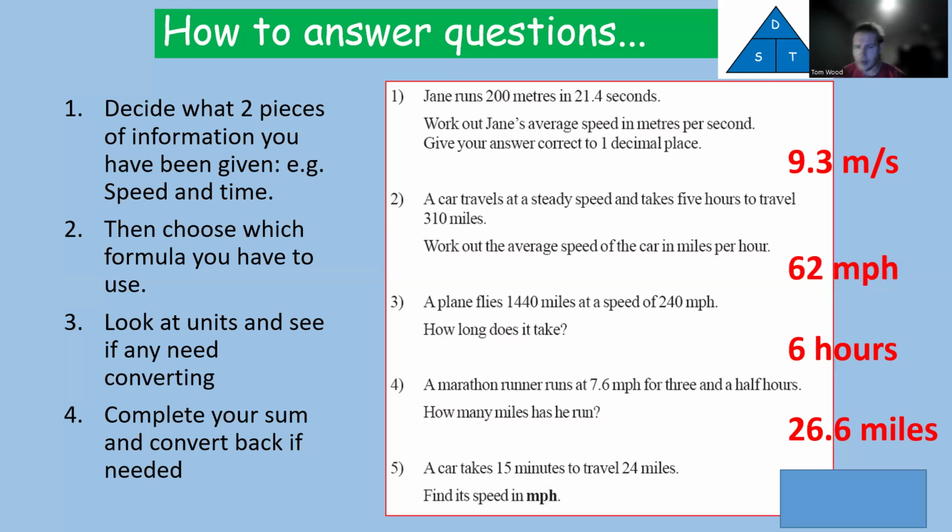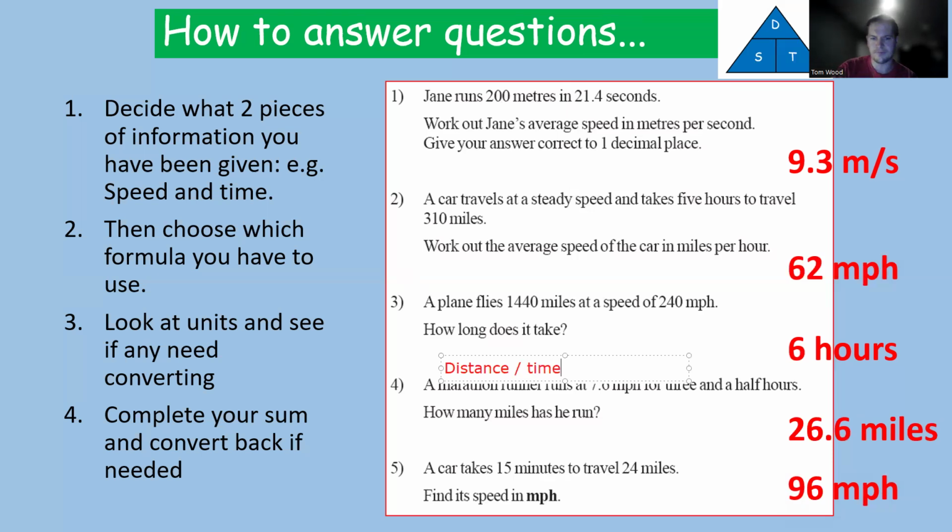Finally, then, we've got a car takes 15 minutes to travel 24 miles. What is its speed? So the overall answer here should be 96 miles per hour. And there's a few ways that you can get to this answer. So we know, first of all, we're looking for speed. So we know that our sum is going to be distance divided by time. Now we know the distance, that's 24 miles, and the time is 15 minutes.